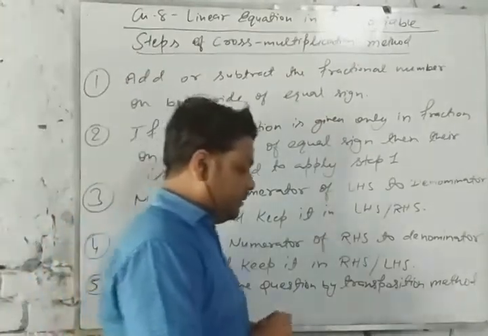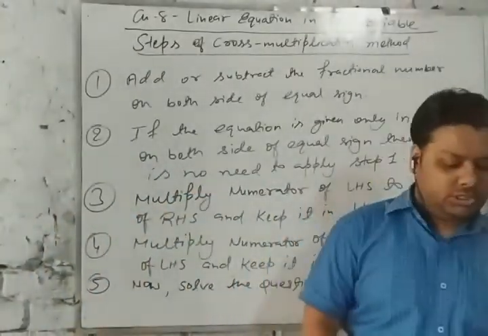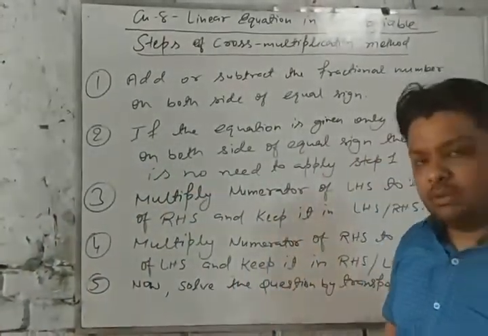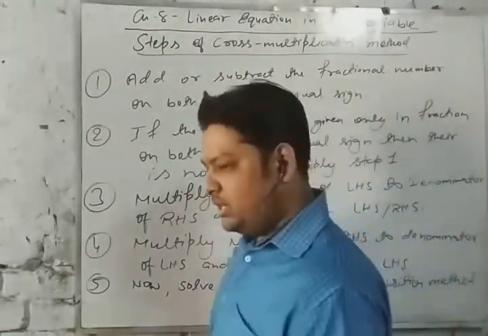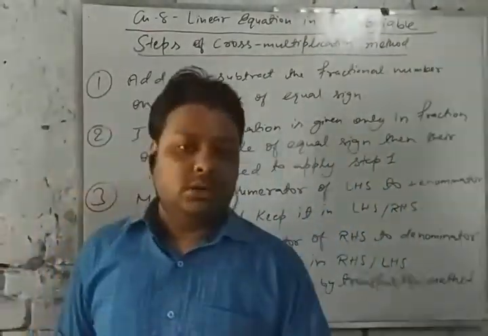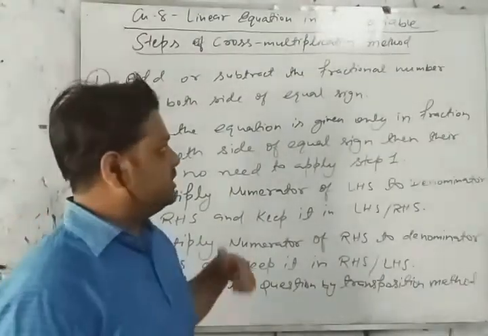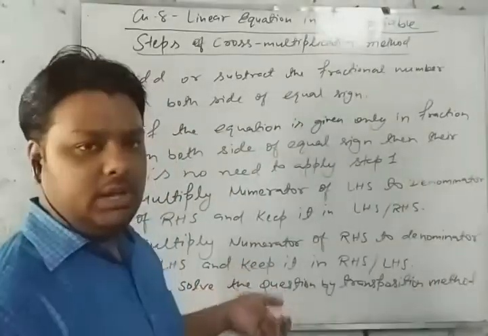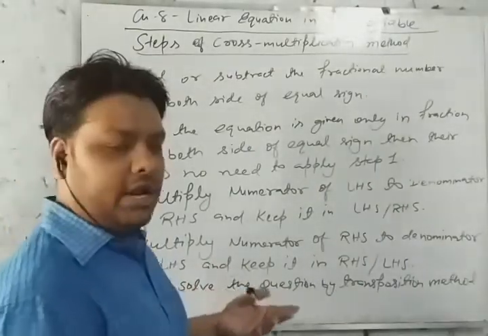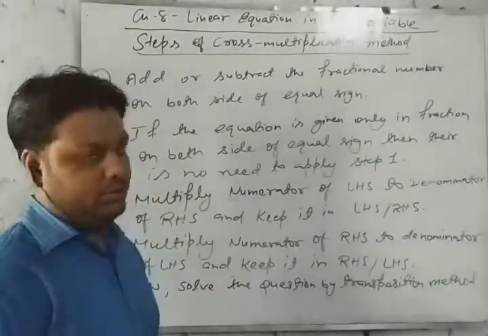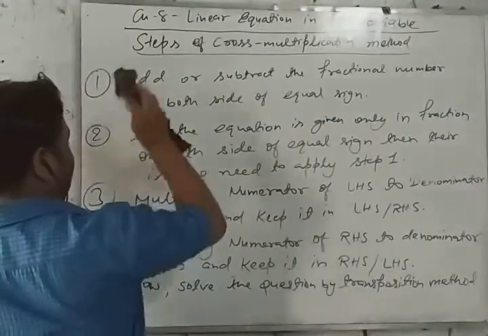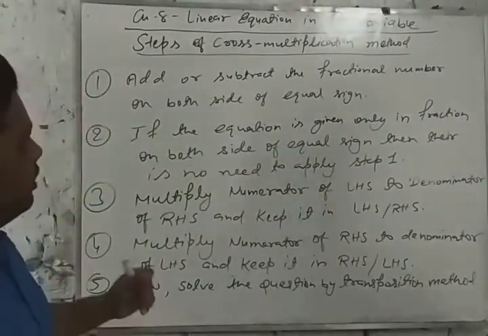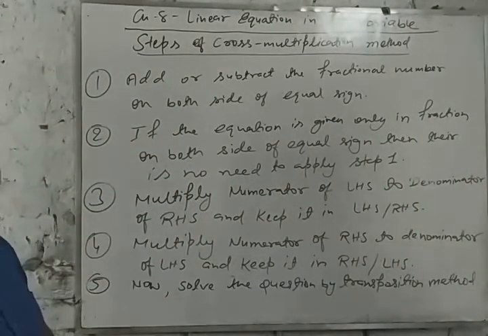But when solving any question by the cross multiplication method or the transposition method, we need to take some precautions. So I am writing the precautions on the board too, and then we will solve some questions. Okay dear, so these are the steps of the cross multiplication method.